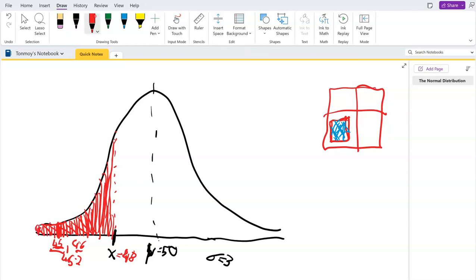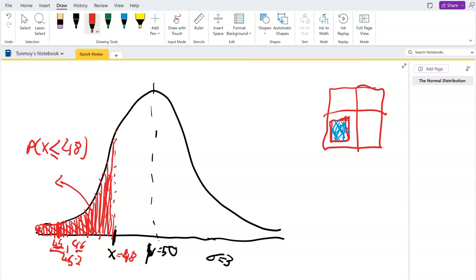One way of doing it is exactly like adding all those probabilities. So this shaded region is telling me the probability that x is less than 48. Less than or equal to doesn't make any difference because the probability of getting exactly 48 is almost 0. So therefore, we are finding this region.